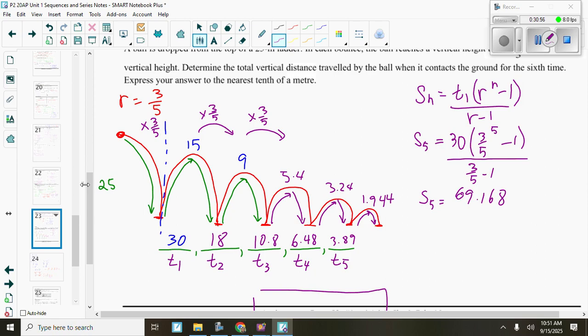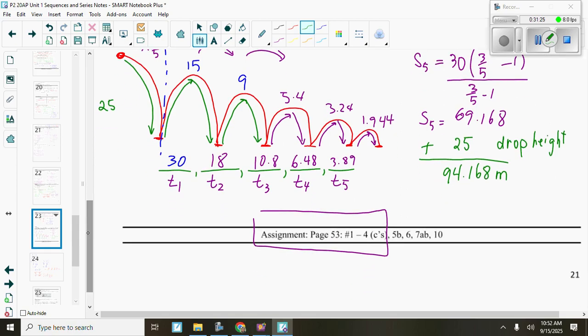Now we're going to add the 25 from our first drop. This is the drop height. That gives us 94.168 meters. Because it's a word problem, we would stick in a nice sentence answer.